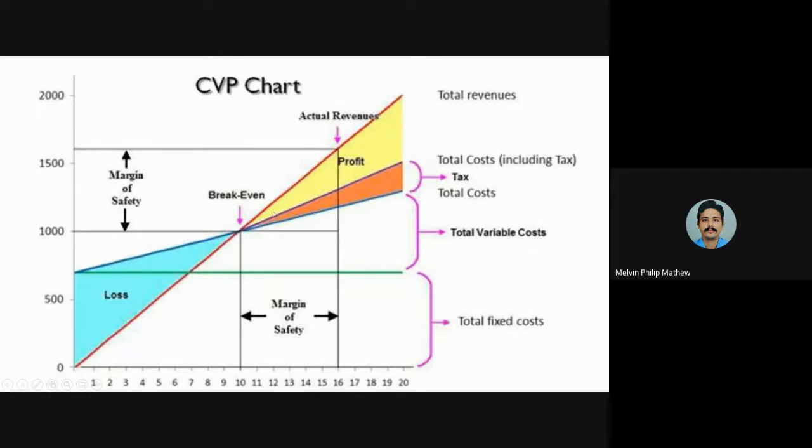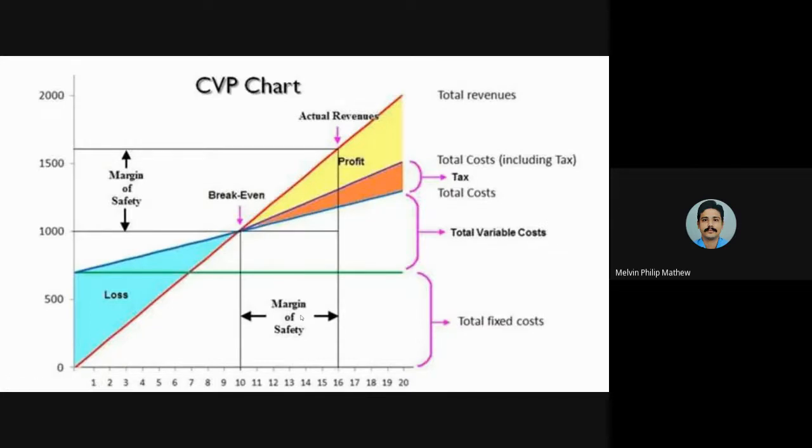If you have not drawn that, please draw it also. This is the tax, and you can shade it in another direction. And also denote margin of safety inside your graph.